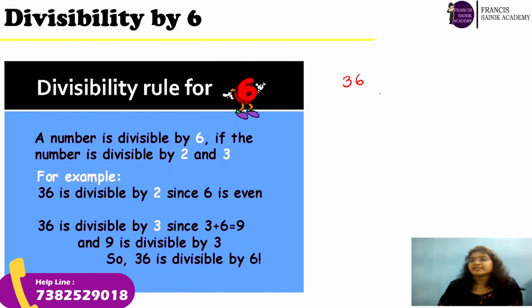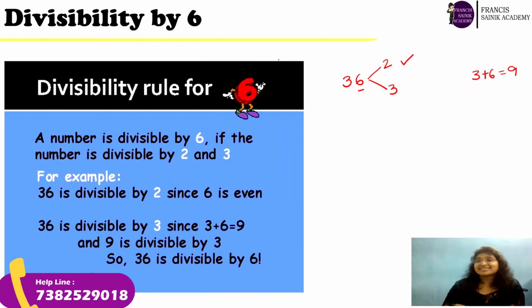We have to check whether 36 is divisible by 2 and by 3 or not. See here, the last digit is an even number. So, 36 is divisible by 2. And if you see 36, 3 plus 6 is equal to 9. Yes, so it is divisible by 3 also.